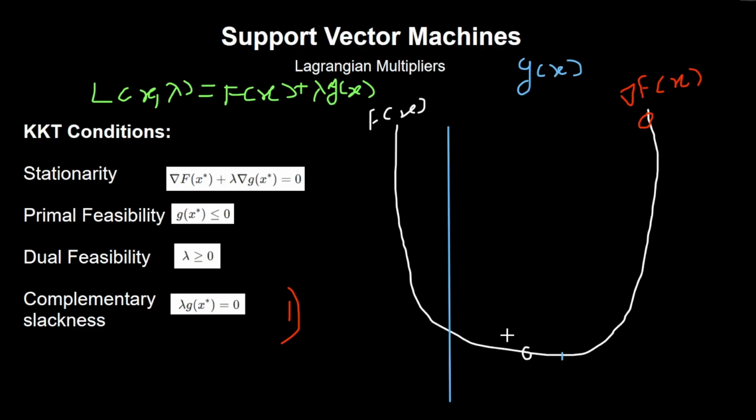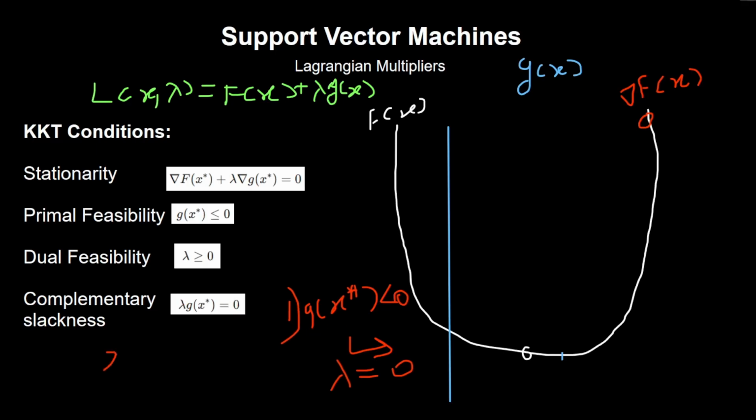So in this case, the ball is not even touching the wall. So here g of x would be greater than zero, which implies that the wall has no effect on pushing the ball because it's not even touching. The magnitude of the force exerted will be zero, so lambda will be zero, and this whole equation will be zero.